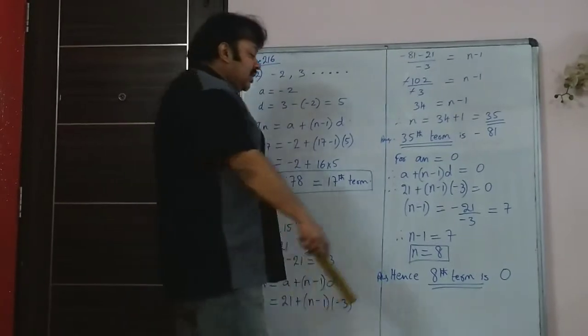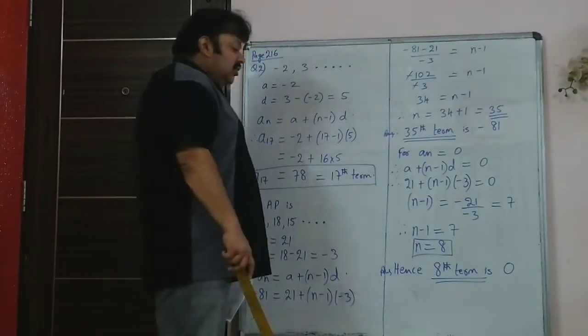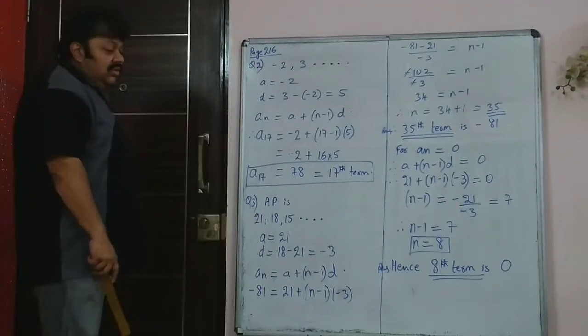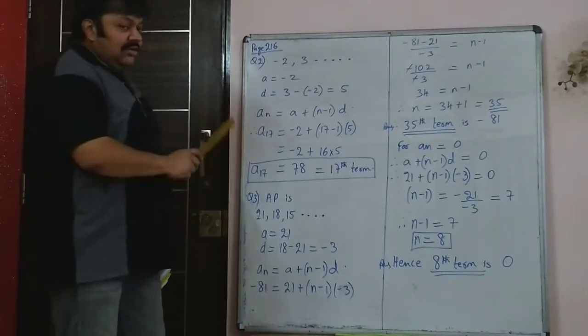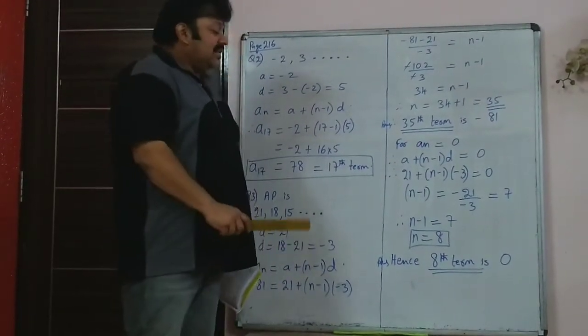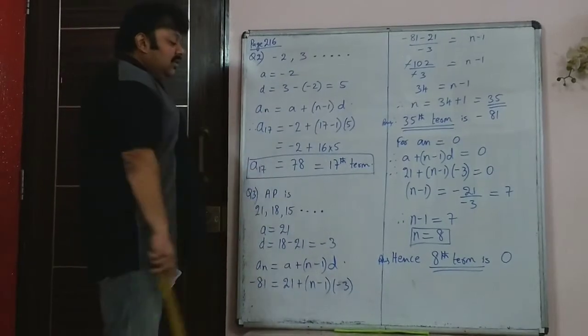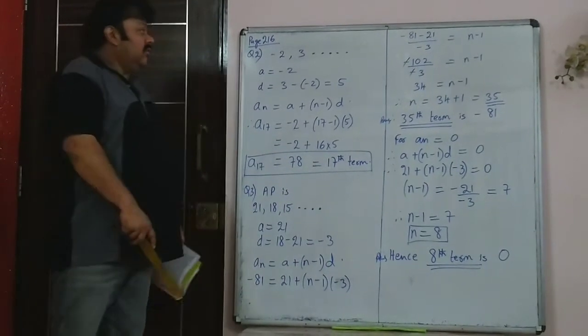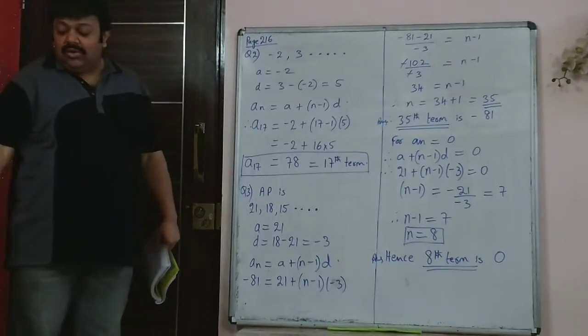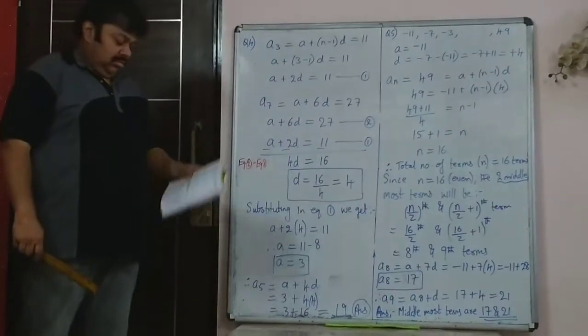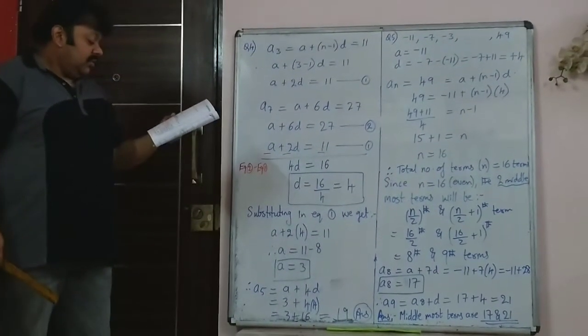N minus 1 is 7, so n is 8. So the 8th term is 0. So we are getting a perfect integer, 8th number. So 8th term of this would be 0. So that's the second answer for the third question. Now we go on to the fourth sum.